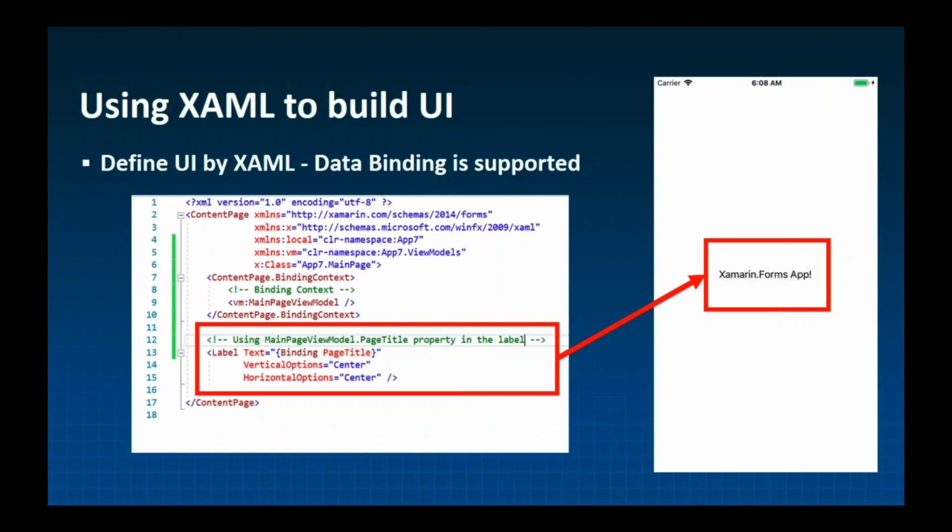Xamarin claims everything you can do in native code, you can do in Xamarin, which is almost true. But you have to know the native APIs. So you still need to learn how iOS applications work, how Android works. But you don't have to use Java or Objective-C or Swift.